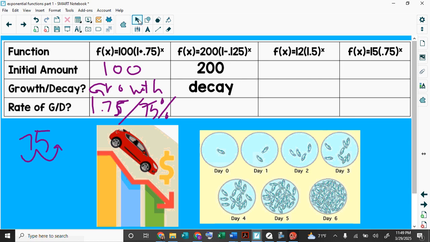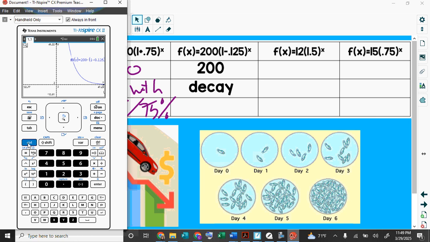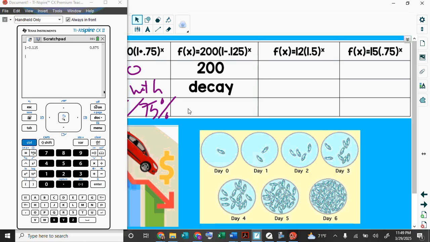Well, what was my rate of decay? My decay factor was whatever 1 minus 0.125 is. So I'm going to go right here. I'm going to go 1 minus 0.125. Well, that is 0.875, my decay factor.